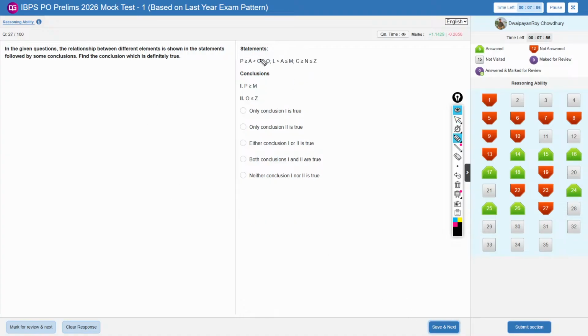P greater than A and A less than A, so no. O greater than C, O equal to C and C greater than or less than, so neither.